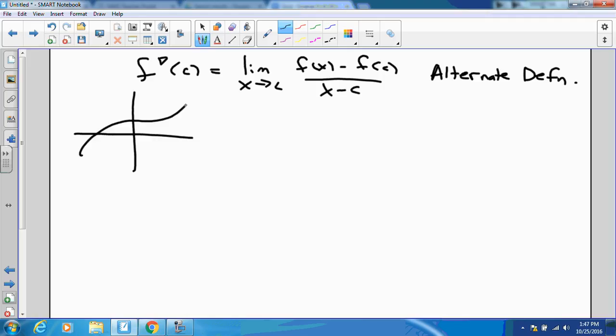Okay. So our picture was that I have some function f, and I have a point c, and I'm now going to compute the difference quotient as the slope of the line connecting these two points.